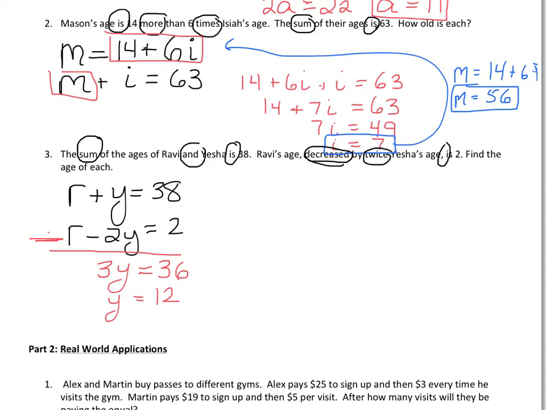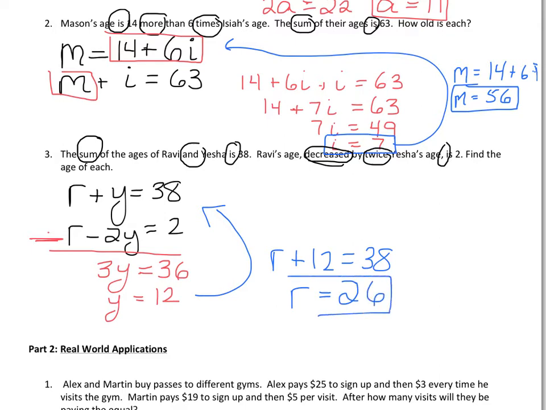So now I'm going to take this right back up to the top equation. So R plus 12 is 38. And then when you subtract 12 from both sides, we find that Ravi is 26. Yesha is 12.